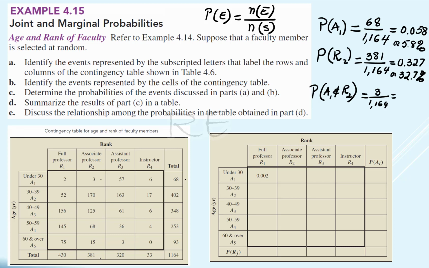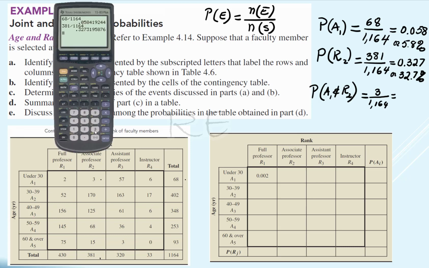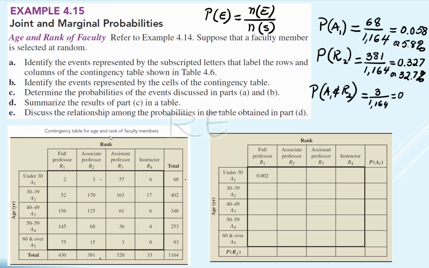So that probability as a decimal, let's divide it, 3 divided by 1164, is 0.0025, so it's 0.003, which is 0.3%.